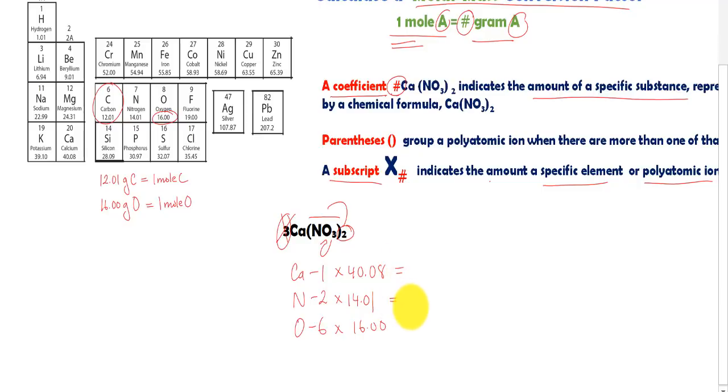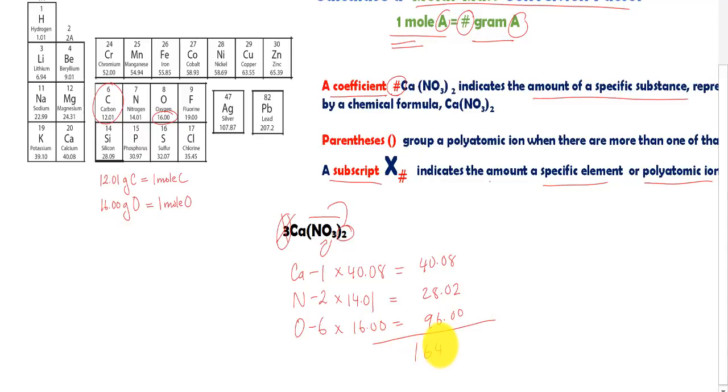And we do the math. We have 40.08, and this one we have 28.02, and this one we have 96.00. So these are the total mass of each element in the chemical formula, based on how much of the specific element you have.